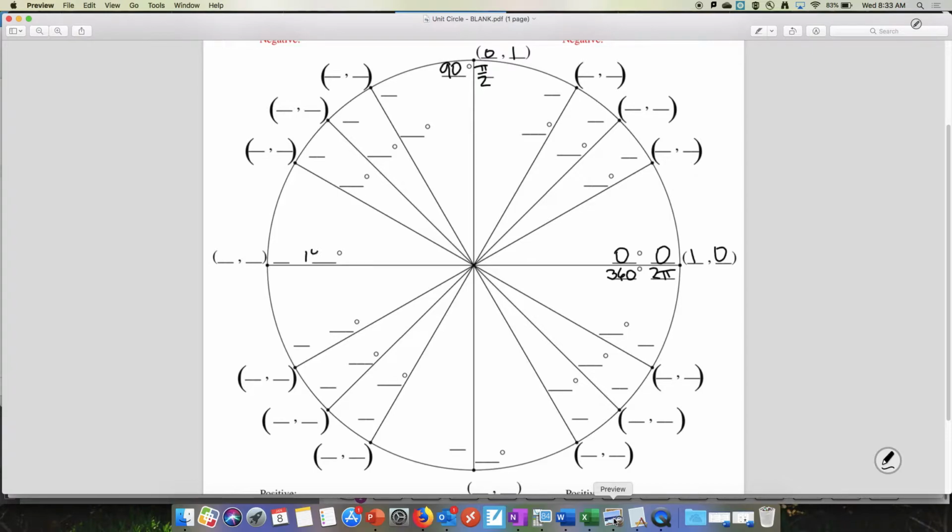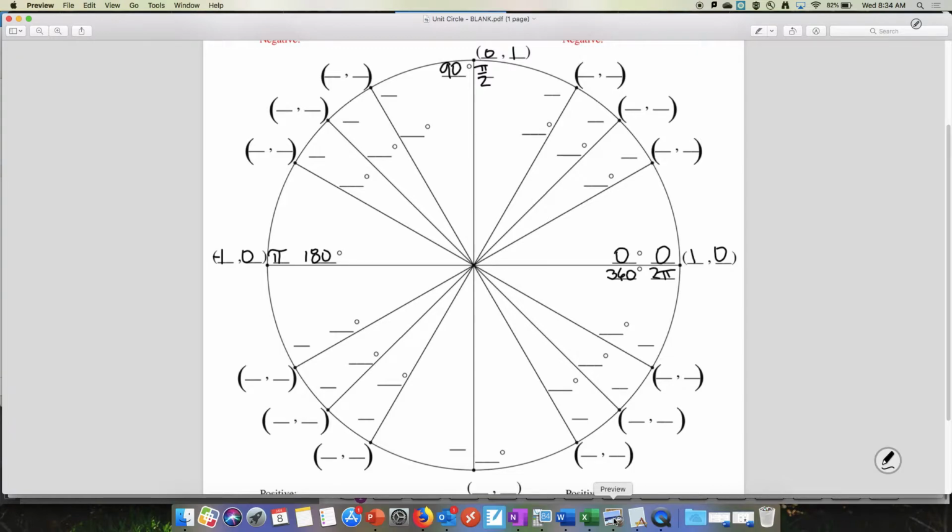Over here, we have 180 degrees, which is pi radians. If this is the origin, and we go left along our radius of 1, we're at the coordinate negative 1, 0.